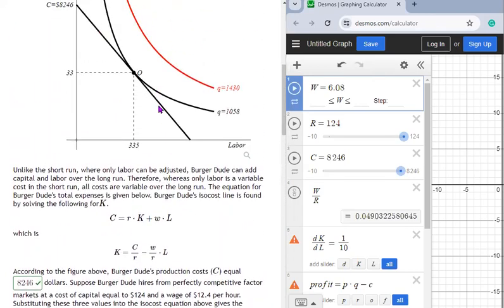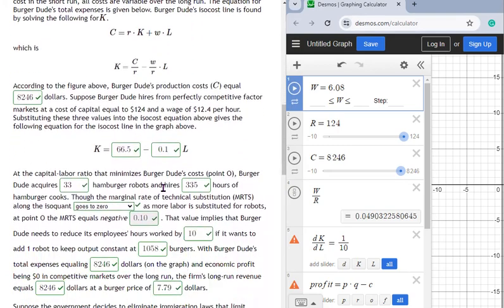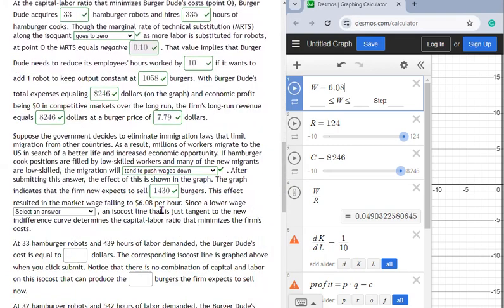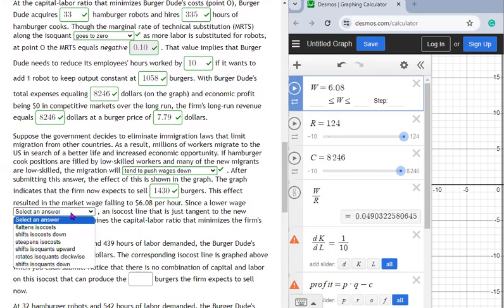So our slope is doing what here? It's flattening. The decrease in the slope is flattening the isocost line, right? This isocost line is too steep. So the new isocost line is going to be flatter, right? So the effect of the wage rate falling to 6.08 flattens the isocost line.